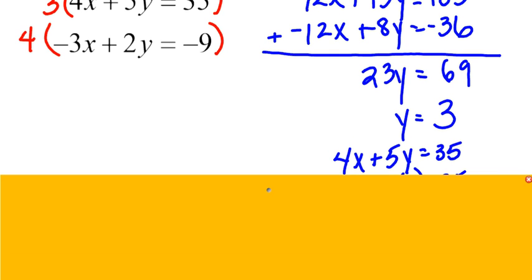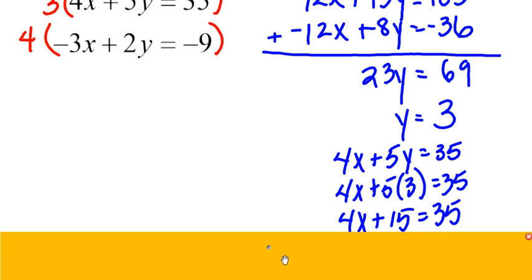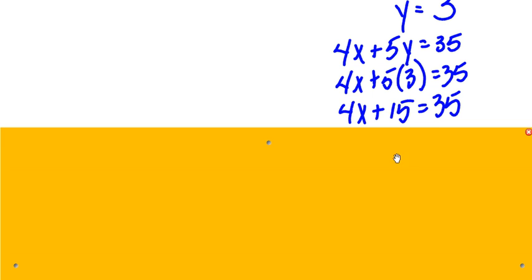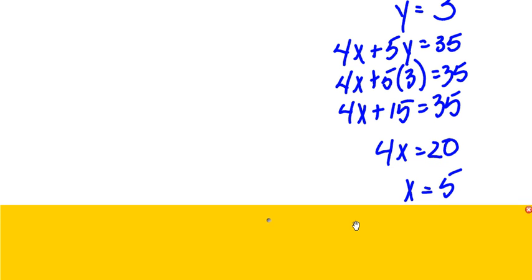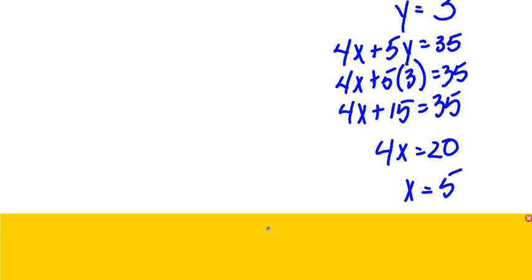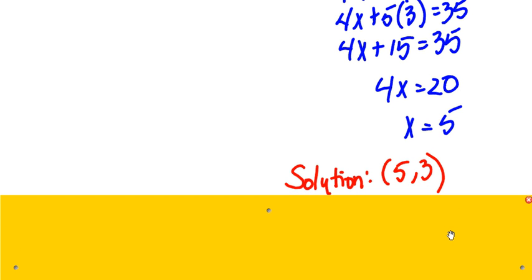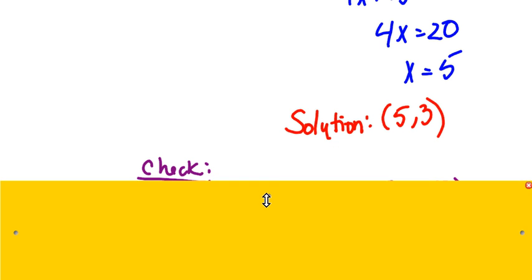And if I substitute y into that equation, I would have 4x plus 15 equals 35. We just undo the equation to solve for x, so I'd subtract 15 from each side. So 4x equals 20. Then I could divide both sides by 4 to get x alone, so x equals 5. So it appears that our solution would be 5, 3. We have to verify that this is correct by substituting 5 and 3 in for x and y into both equations and make sure that it's balanced.